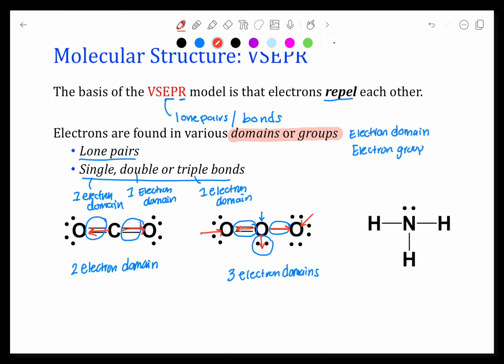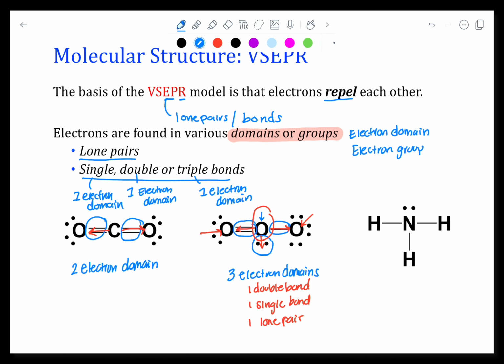We're only looking at the geometry of the central oxygen. So the central oxygen has 3 electron domains: 1 double bond, 1 single bond, and 1 lone pair.